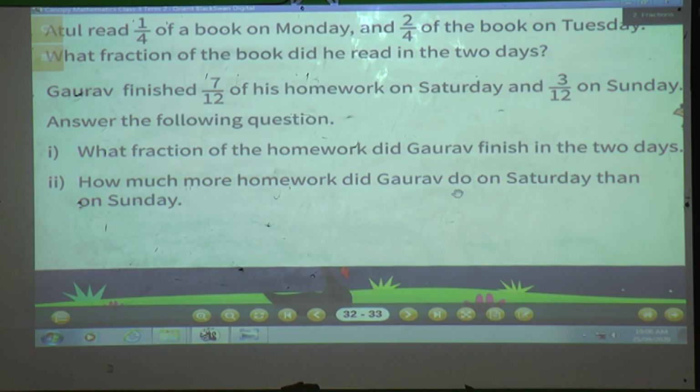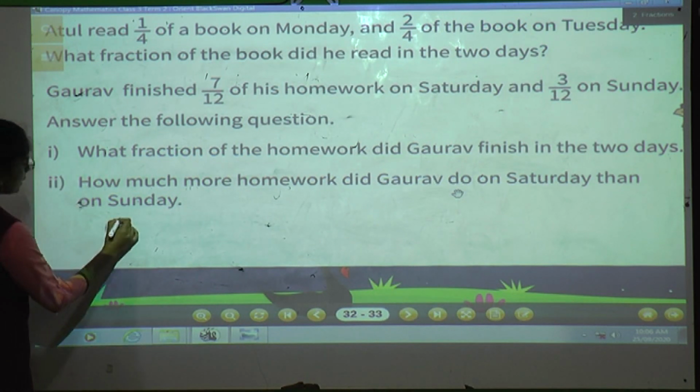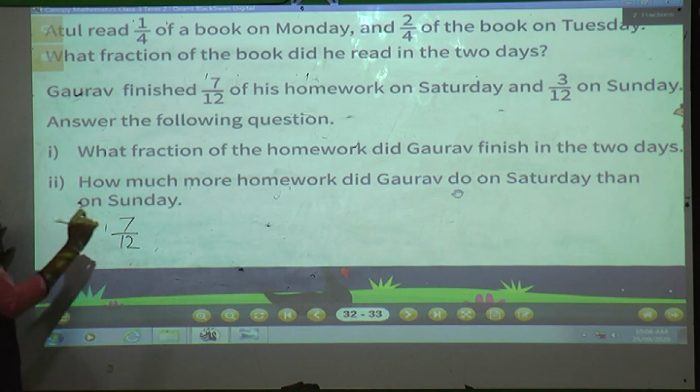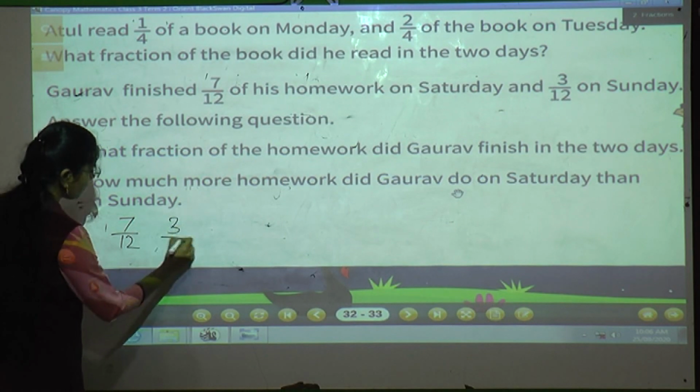And one more question is there. How much more homework did Gaurav do on Saturday than on Sunday? See here, on Saturday he did 7/12 and on Sunday he did 3/12.